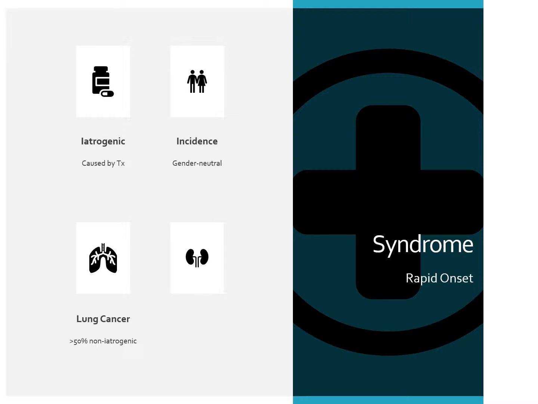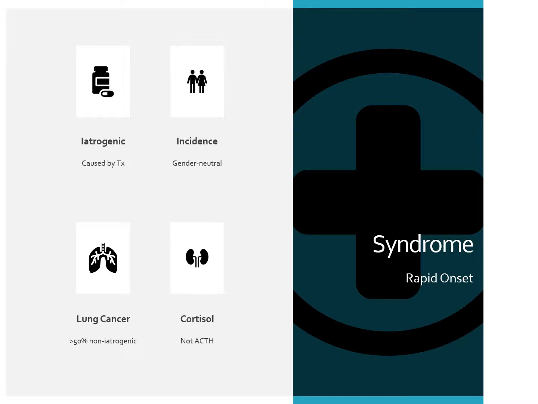If it is non-iatrogenic, which basically only accounts for about maybe 20% of Cushing's syndrome, over 50% of the time it's usually due to lung cancer, and specifically small cell lung cancer, which in and of itself can produce either corticotropin hormone or ACTH.